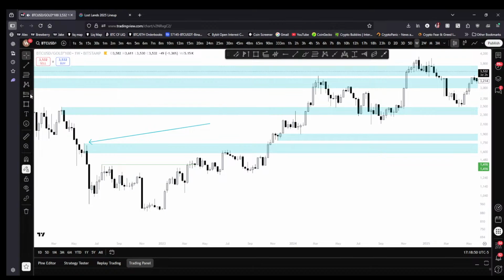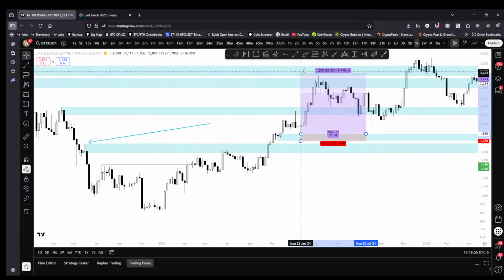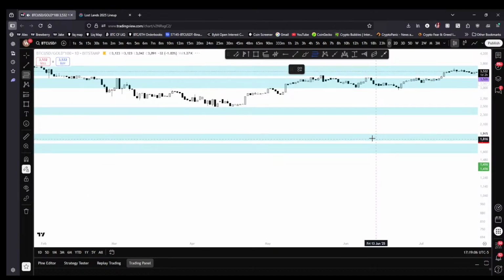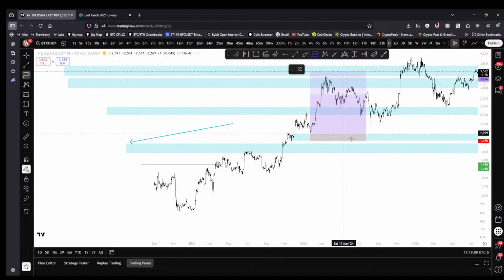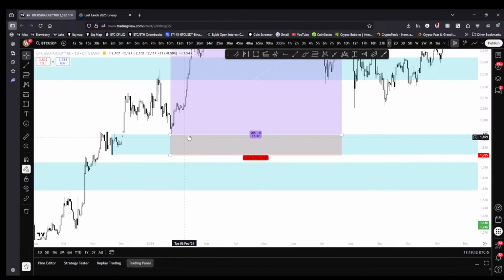This is a better example. So let's look at the long side. Well, they're all good examples, but you know what I mean. All right? Still in that trade now. 12 risk to reward by entering off the weekly order block. Called the exact bottom.